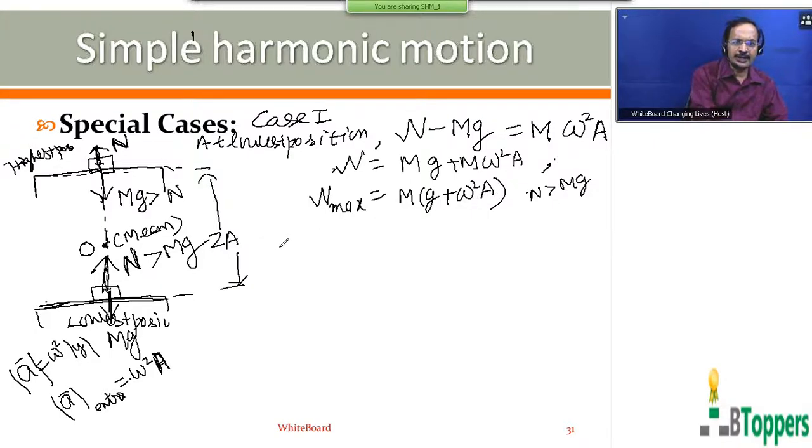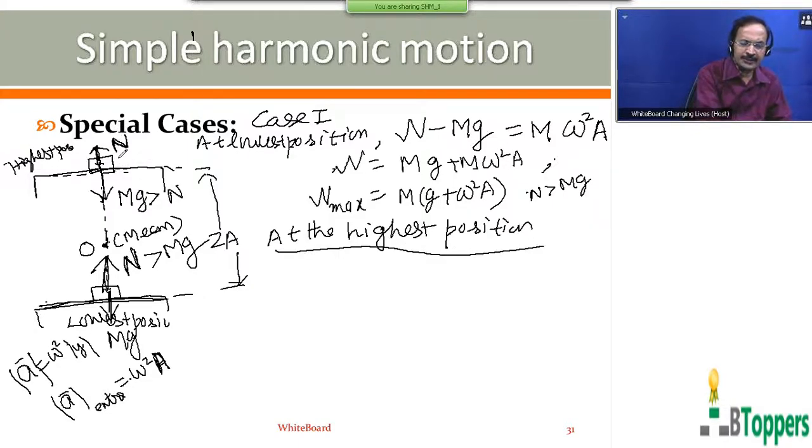So at the highest position, mg acts towards the mean position, but normal reaction is directed away from the mean position, but resultant force will always be directed towards the mean position. So magnitude of the resultant force towards the mean position is equal to magnitude of the weight mg towards the mean position minus magnitude of the normal reaction. Now from Newton's second law, you can write product of mass and magnitude of the acceleration at the highest position.